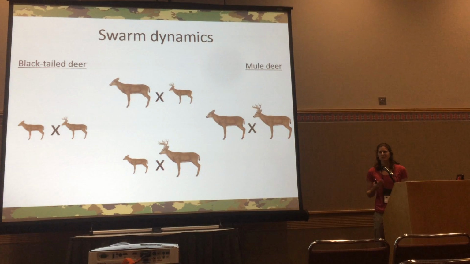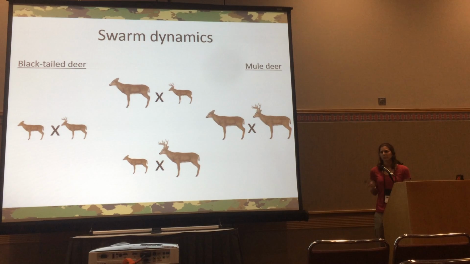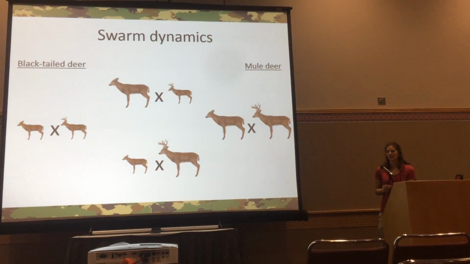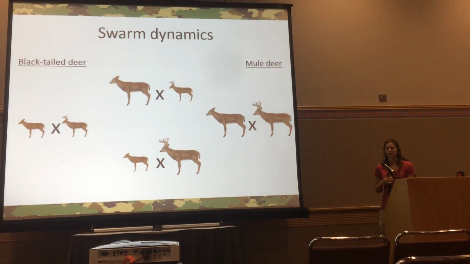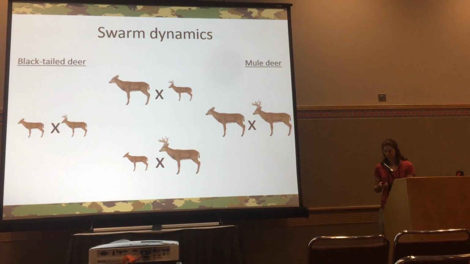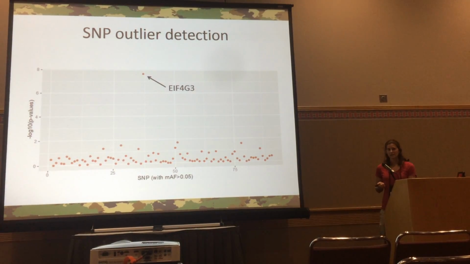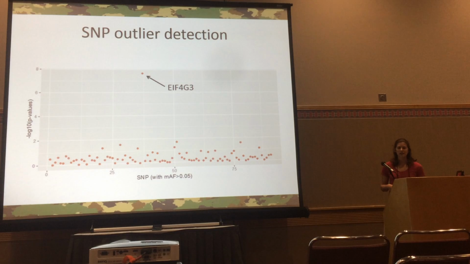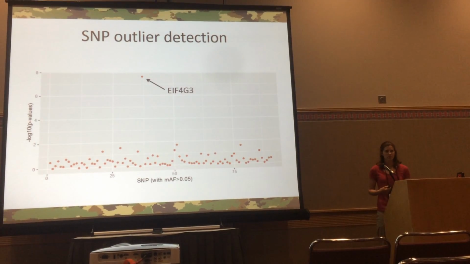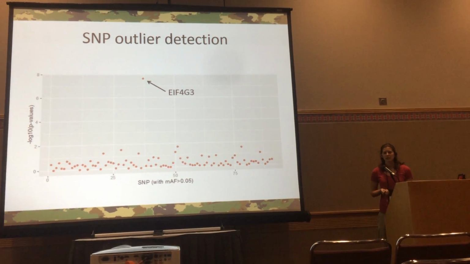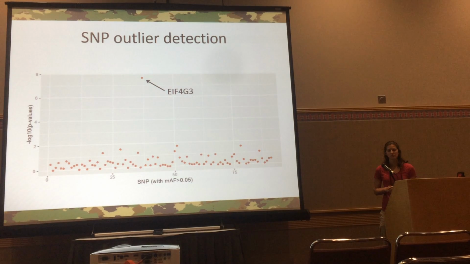So, to get to maybe what is preventing lineage fusion, we had another look at our SNPs to see if any particular SNPs and genes were under greater selective pressure. So after we ran BayeScan and PCAdapt for outlier detection, we found higher selection pressure only on a single SNP, and that was in a gene, the eukaryotic translation initiation factor, gamma-3.